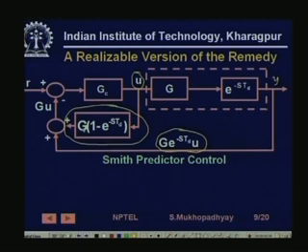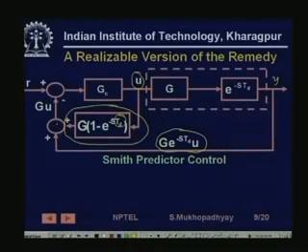About getting u there is no problem, but if I knew g and if I knew this td, these are questions of how well you can get them, but suppose for the time being that you have it, then we could put it here, and then you see if I add this and this, what do I get? I get GU.